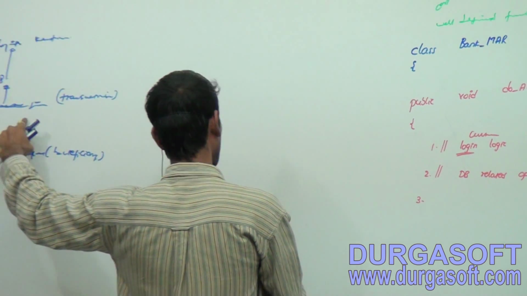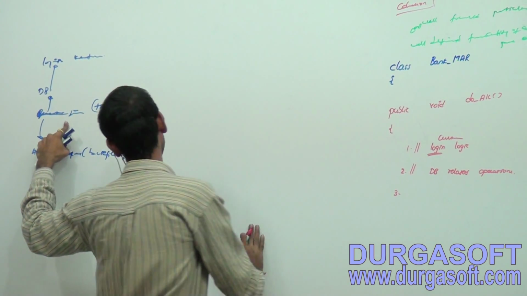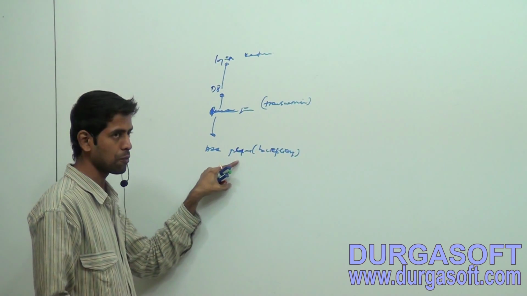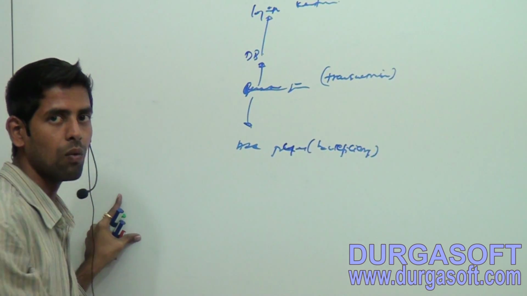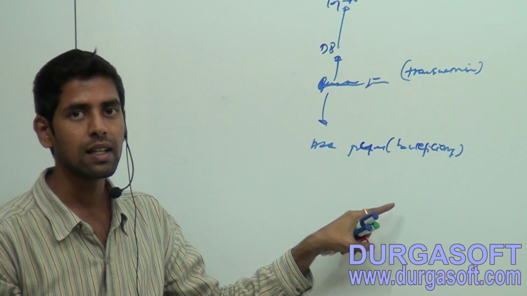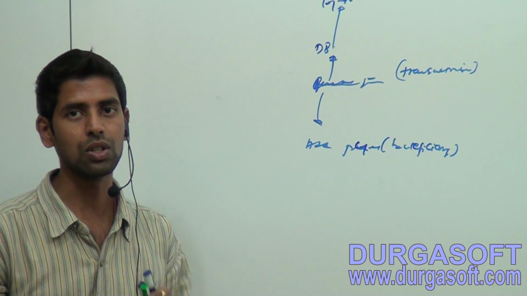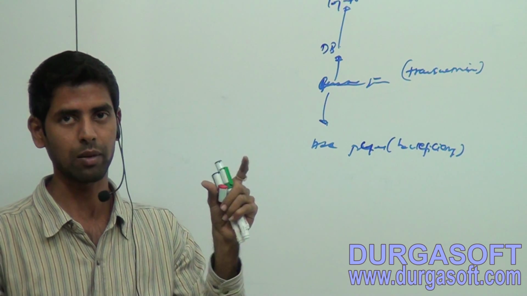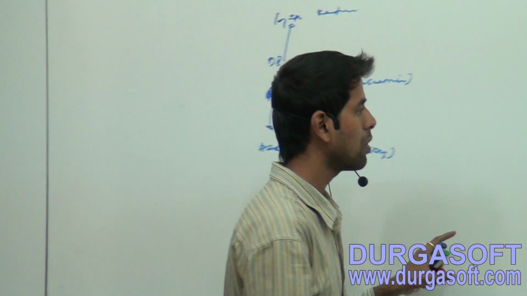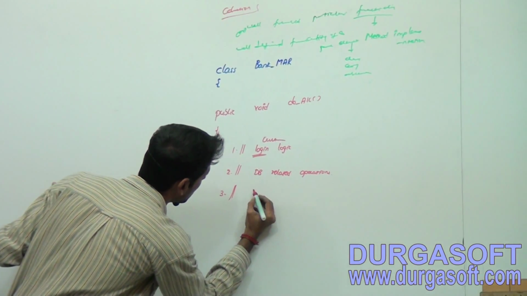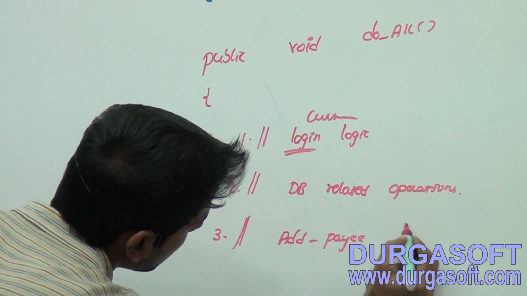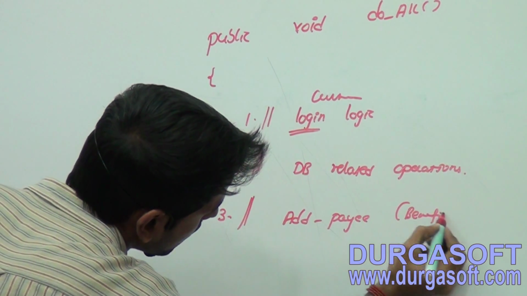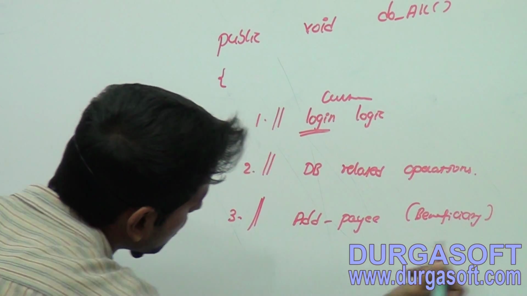Now coming to the other thing, the payee. He wants to do a transaction, and this transaction has one dependency. What is that? He should add the beneficiary person's account number. So we have to perform the logic related to adding a payee, adding a beneficiary.